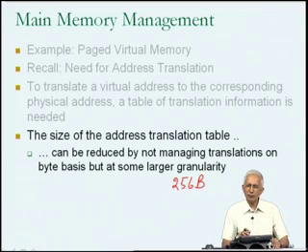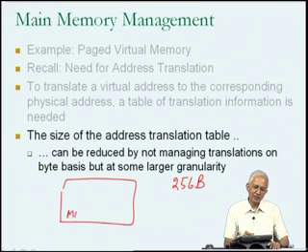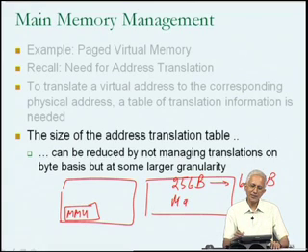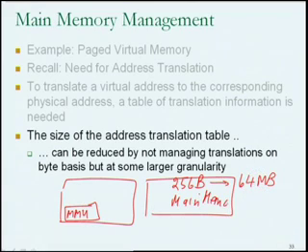Now, this does not fully address the problem that we have, because you understand that all of this translation is supposed to be done by the MMU, and by using this idea we have reduced the size of the address translation table to 64 megabytes, which I argued was feasible in the sense that I could have many such tables present in main memory.